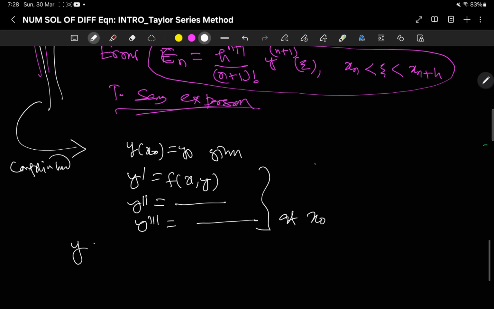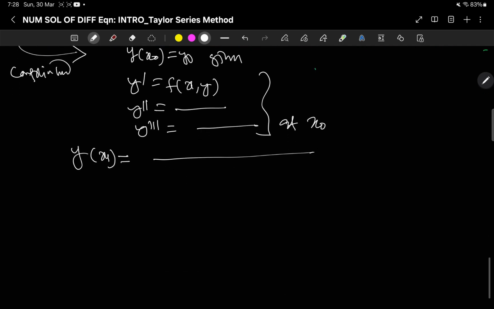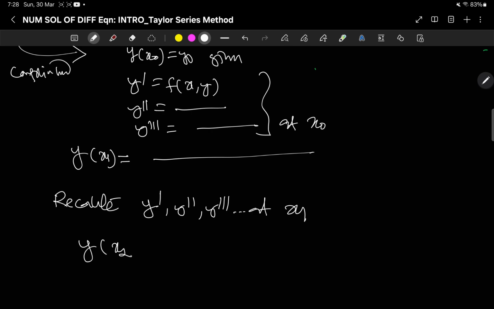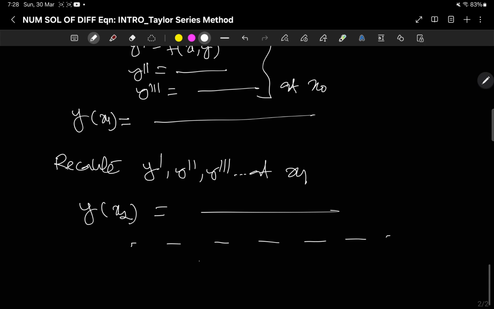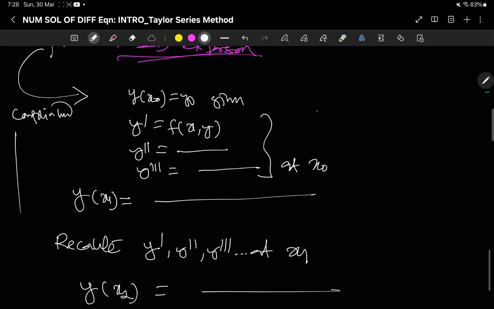Then we find y(x1). Then we recalculate y dash, y double dash, y triple dash and so on at your x1. Then subsequently you find y(x2), and we proceed to get the answer. So we may move like this.